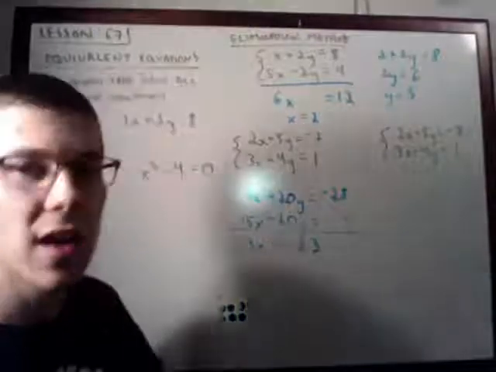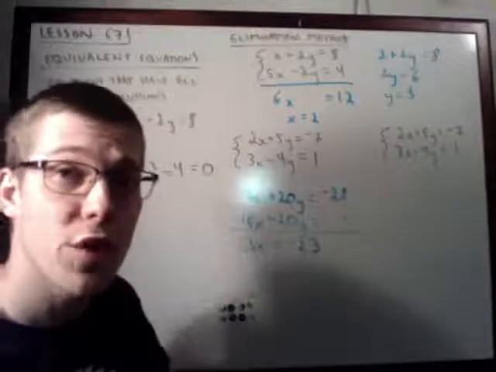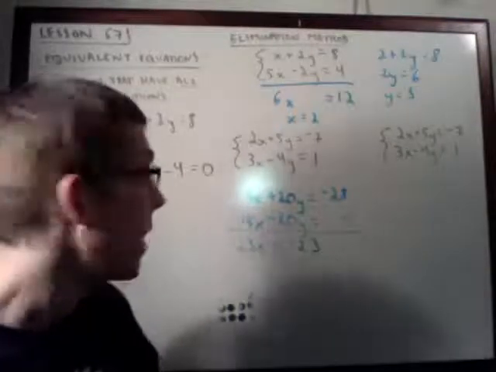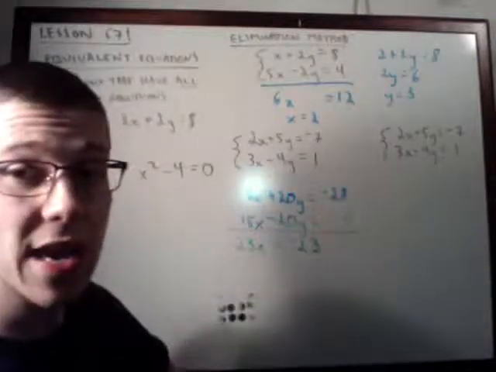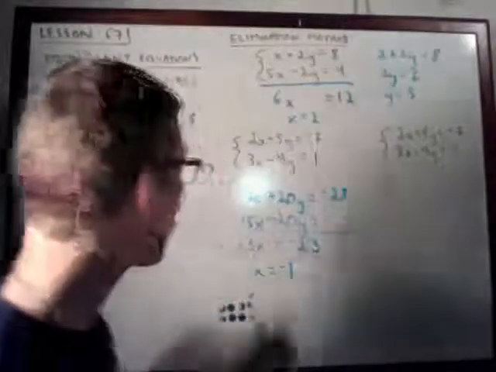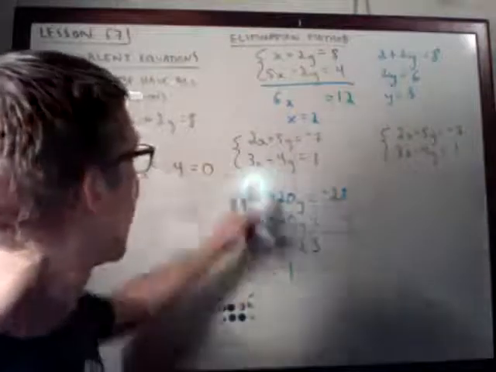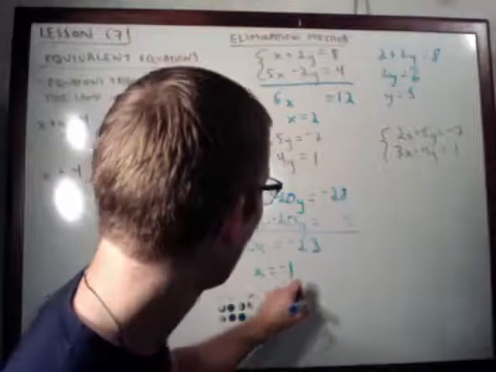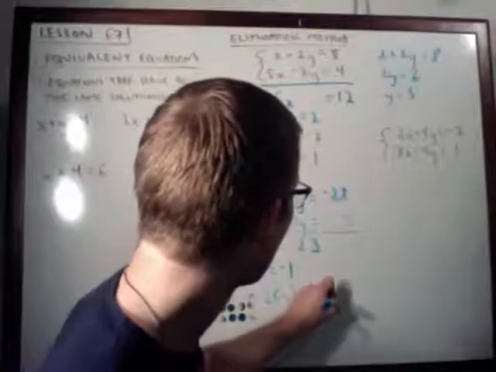Oh, look at that. I got a little worried there seeing that 23 coefficient on that x, because 23 is prime, and I was worried we were going to end up with something really ugly. But in fact, on the right, we get negative 23, so we can easily see that x is negative 1. Plug that into either one of these. Let's say the first one, so 2 times negative 1 plus 5y gives us negative 7.